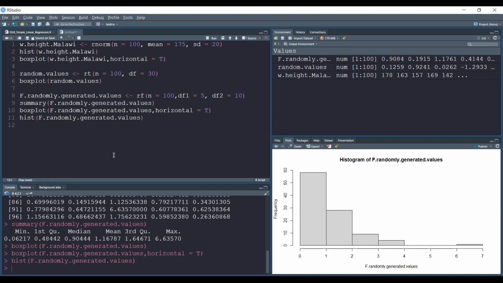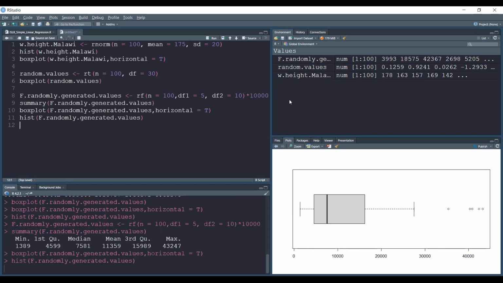in many ways it's easy to explain. By the way, I can see a lot of applications for this in the world of insurance. Why don't I multiply by 10,000?